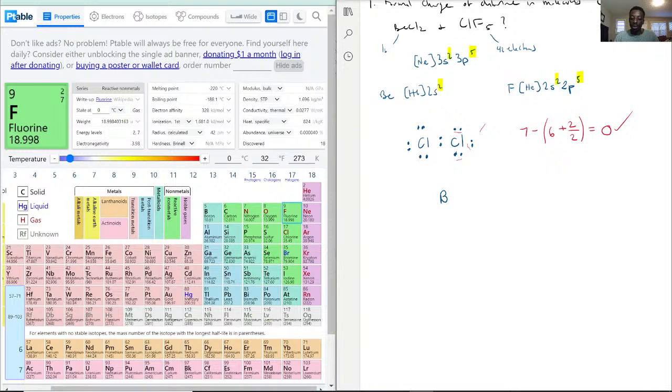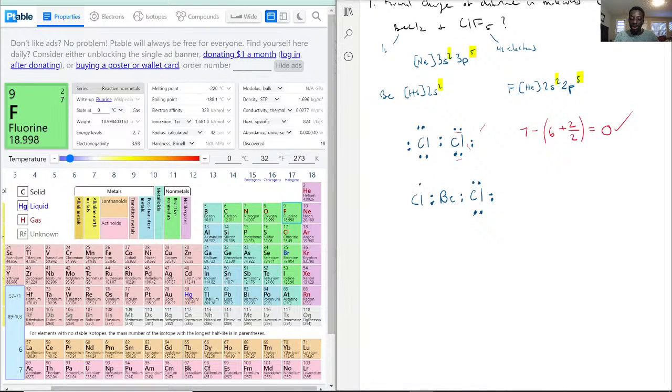So we're going to have beryllium in the middle because it's the only unique one, and also it has relatively the most space to actually form bonds since it's working with 2 electrons. The same thing here, we put the chlorines on the side. Right now each chlorine is still sharing 1 of its 7, so 2, 3, 4, 5, 6, 7.